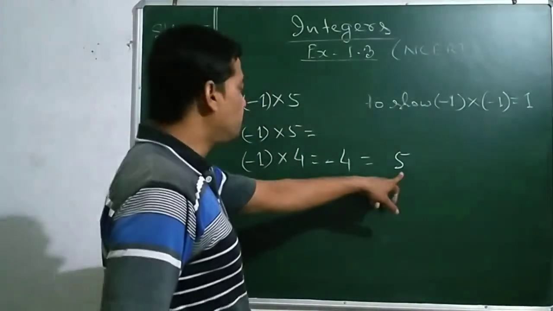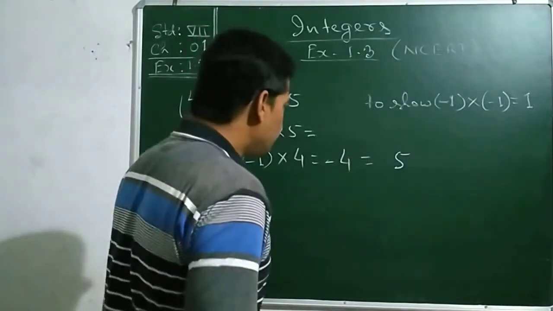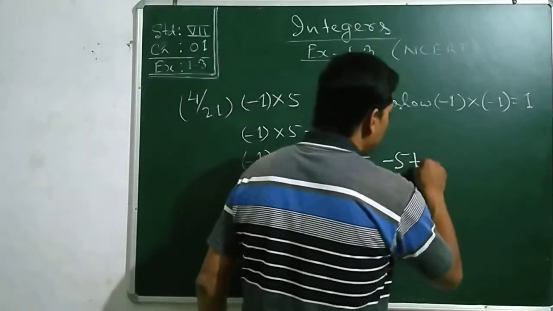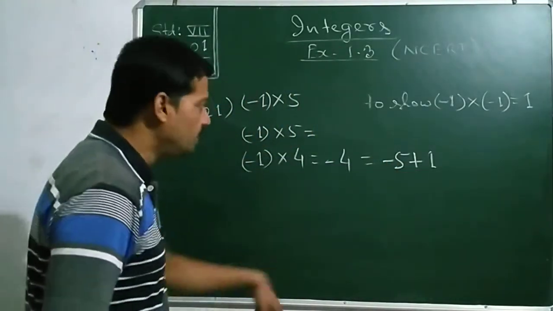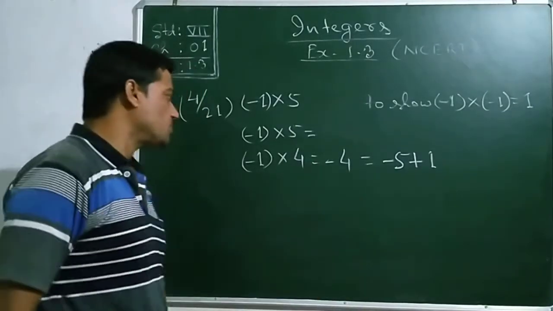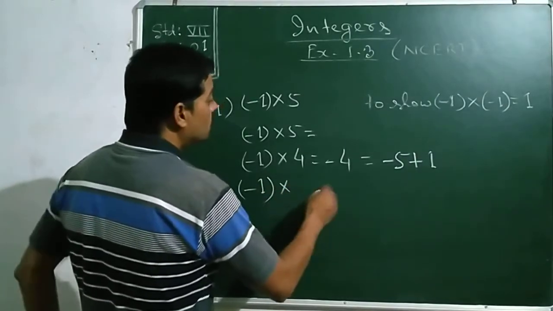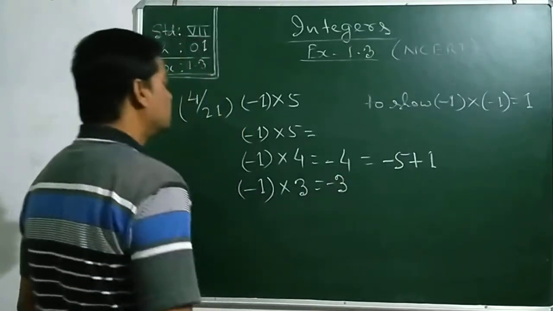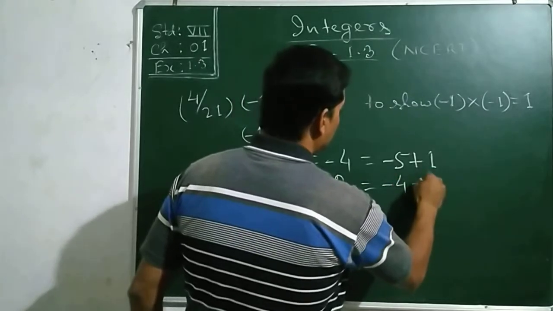If we take positive 5, then we need to take another number greater than 5, so we need to take negative 5 and positive 1, then we will get only minus 4. Now continue with 1 here and 1 here and change these two digits only. See how? Minus 1 into 3 equals minus 3, equals minus 4 plus 1.